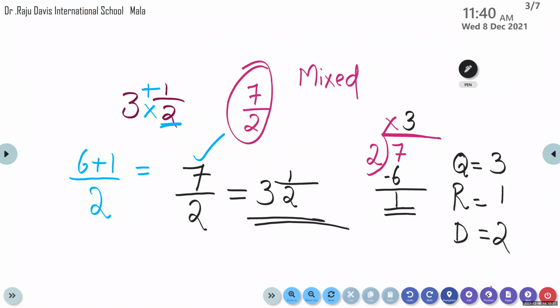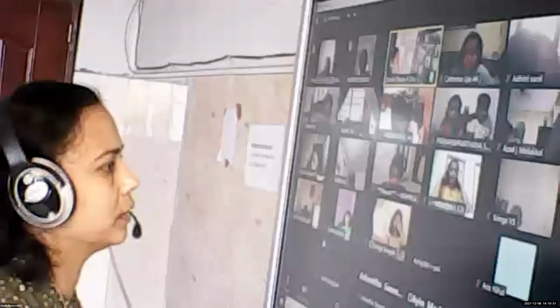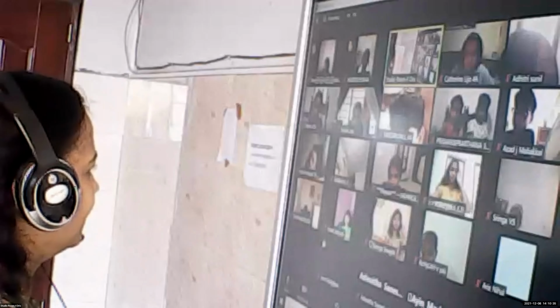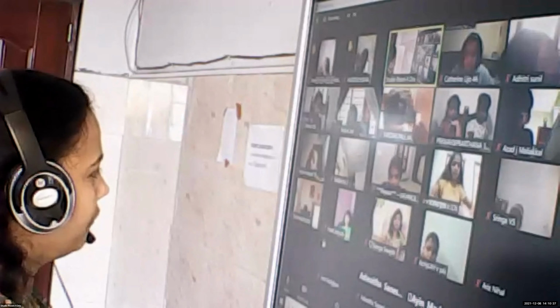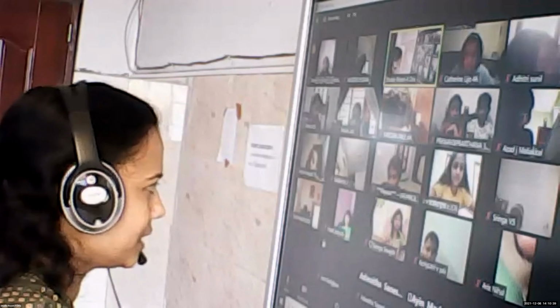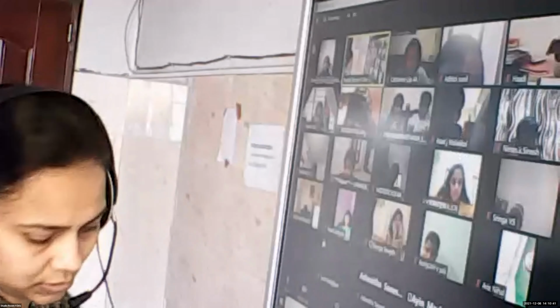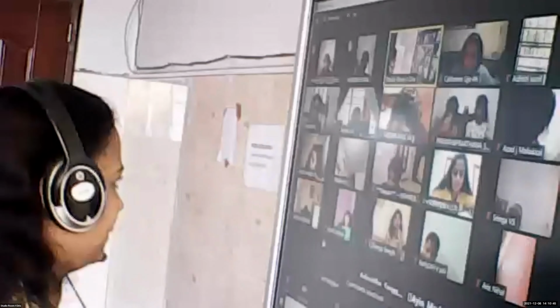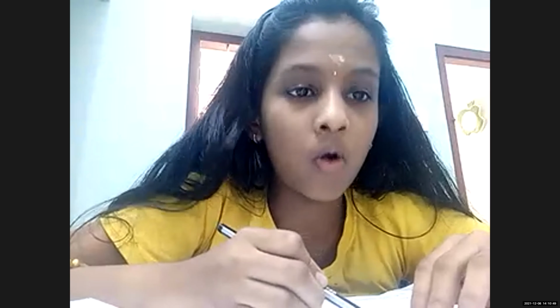So who can explain this? We learned here how to convert mixed fraction to improper. Who can explain that? Yes, Amaya? You have to convert mixed fraction to improper. First, we should multiply the whole number and the denominator.